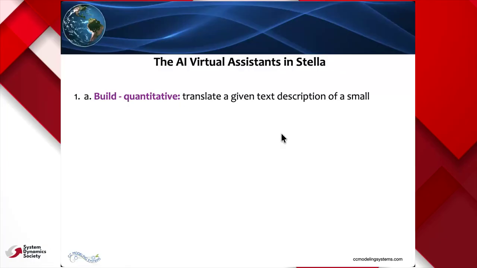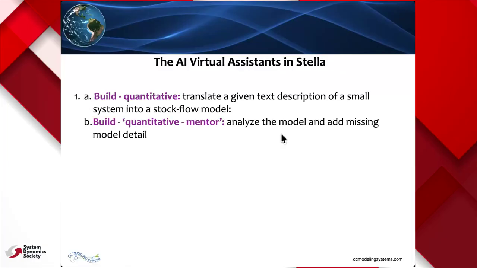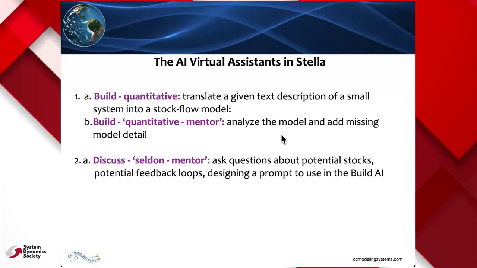Now, we must remember from the last presentation a month ago that Stella has two different ways of using artificial intelligence. There is the build part, which allows you to give a prompt in words and it builds a stock flow model for you.